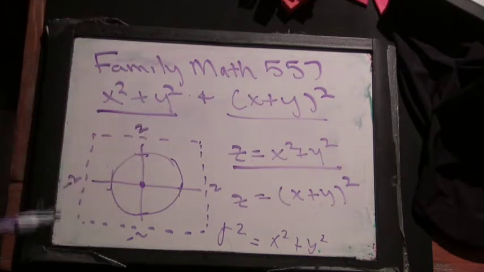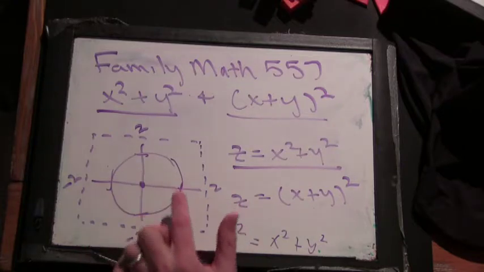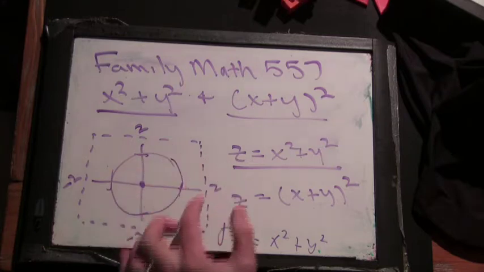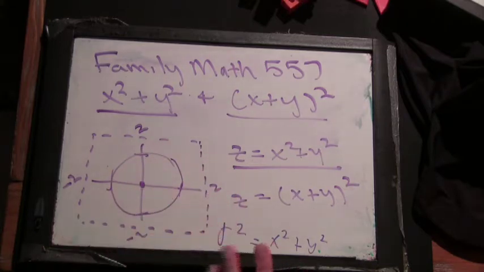So it's going to be a sphere? Maybe. But we do know one part of our graph, the part that's 1 up from the xy plane, is going to be a circle, because you recognize that x squared plus y squared is the equation of a circle.